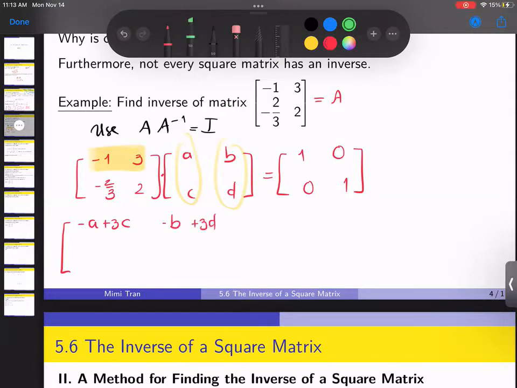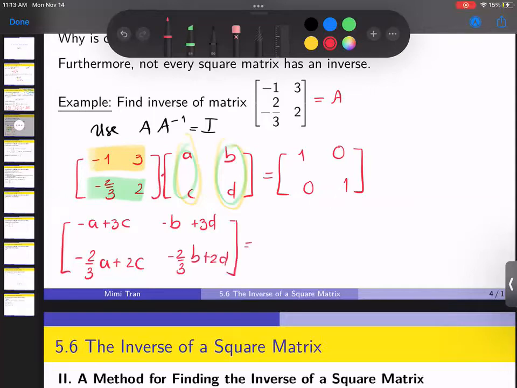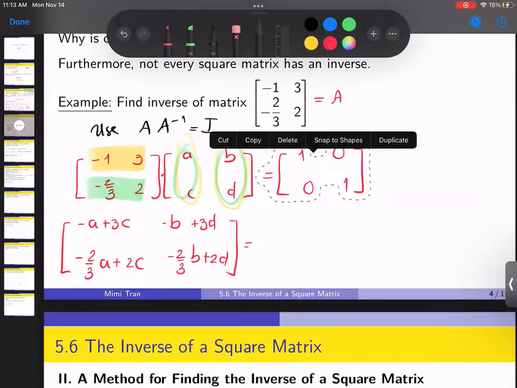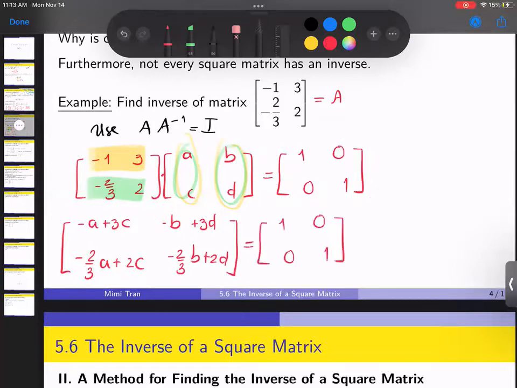Then the second row times the first column: -2/3 a plus 2c, and then the second column: -2/3 b plus 2d, equal to the identity matrix.